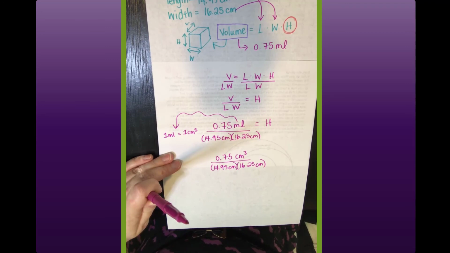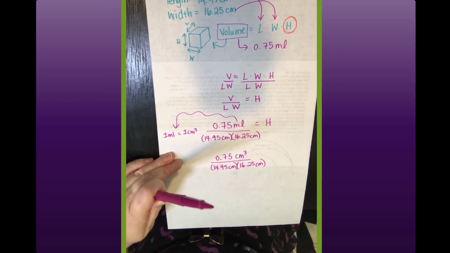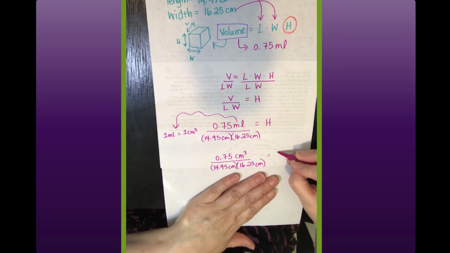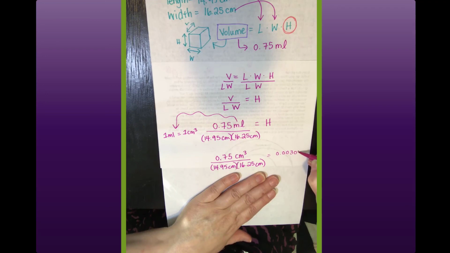So I am going to do this on my calculator. 14.95 divided by 16.25 equals 0.00308 centimeters.